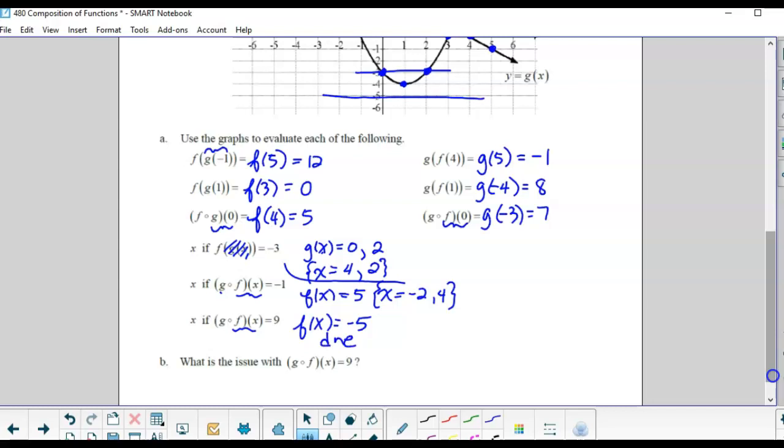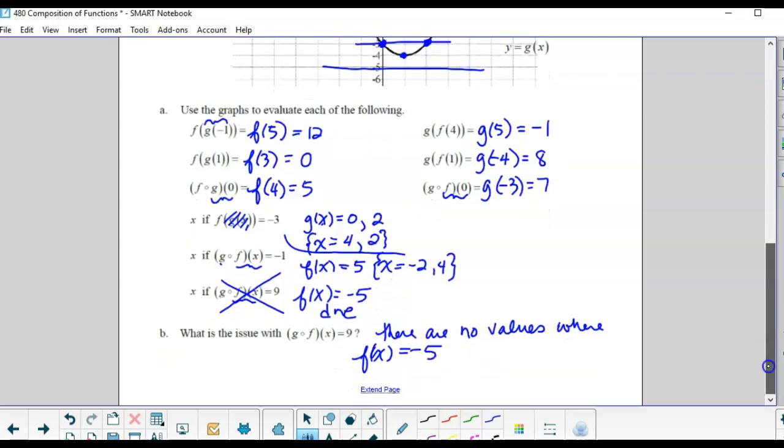So there's no values of x that this occurs for. Okay, so what is the issue with that? There are no values where f of x equals -5. Okay.